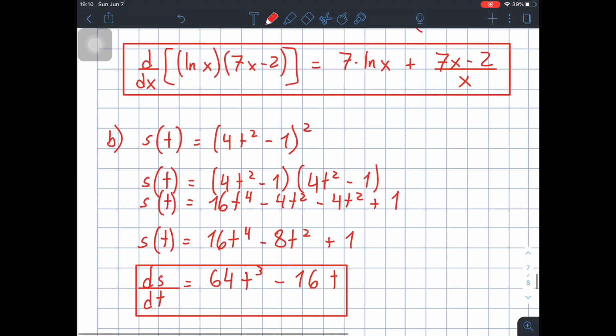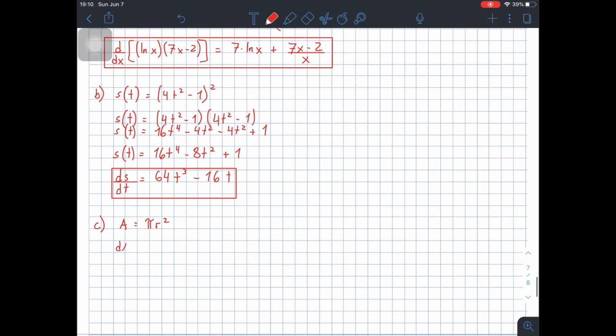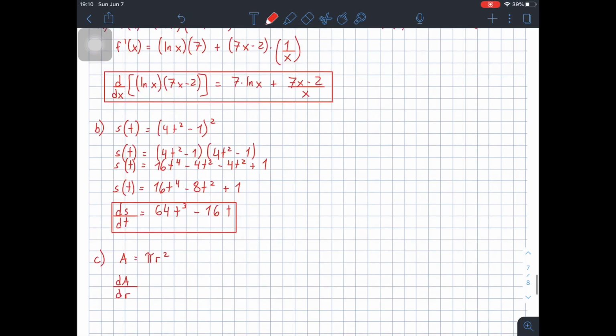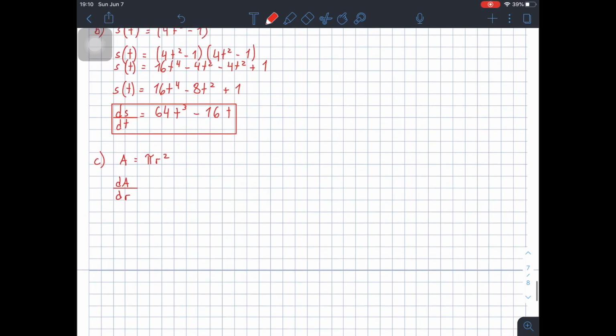So first of all, I'm going to copy the function. Function A is equal to pi r squared. So the derivative of function A with respect to r, which is what we're asked, is equal to, we follow the power rule, right? 2 pi r. Okay, so that's the derivative.